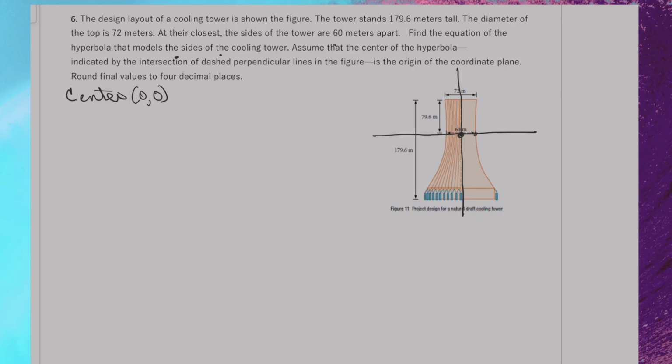That means that my vertices here and here are 60. Oh, no, it's 60 altogether, so 30. So this is (30, 0). That means a is 30 units. Now, I don't know b, and I don't know c. What else do I know?